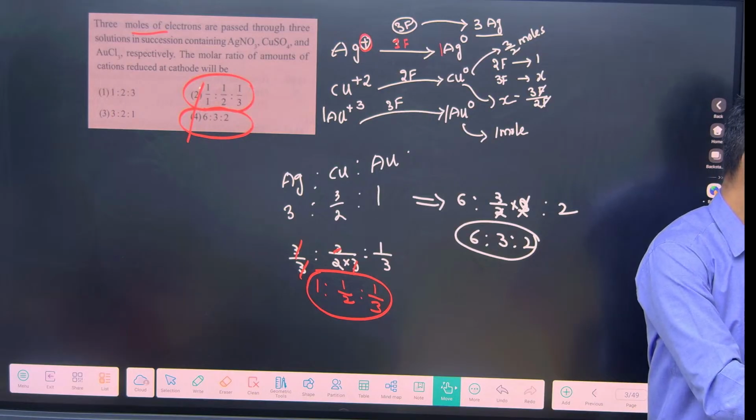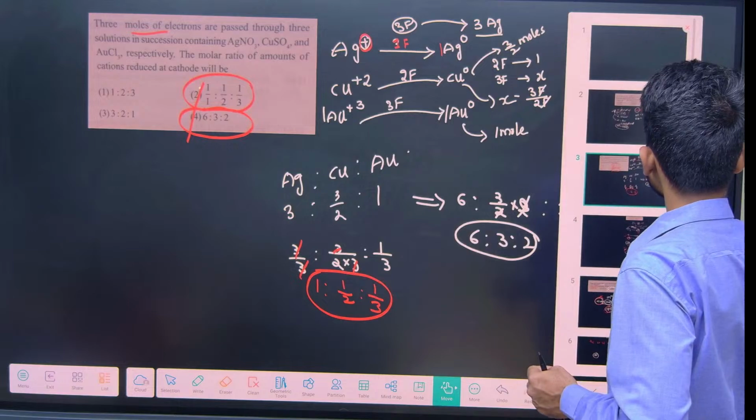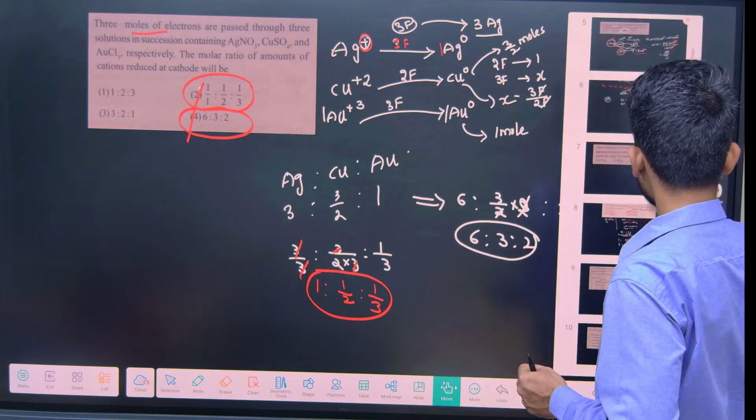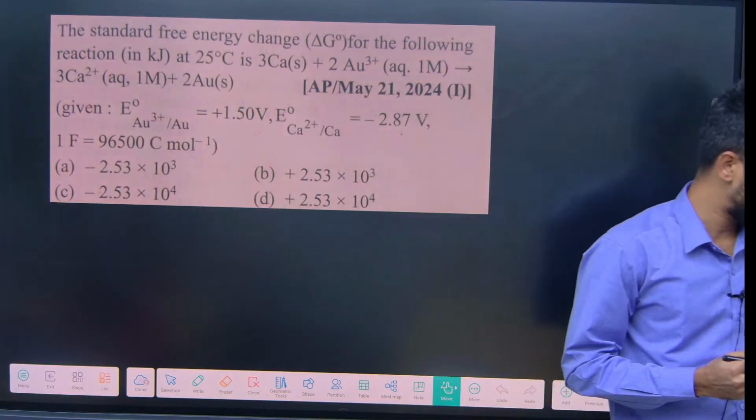Let's move forward with a few more questions. Look at this question, what is it saying? Once read it.